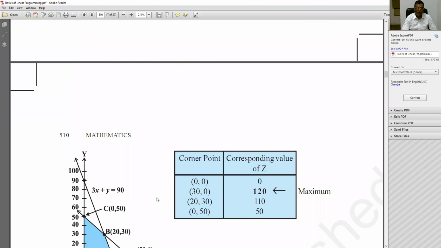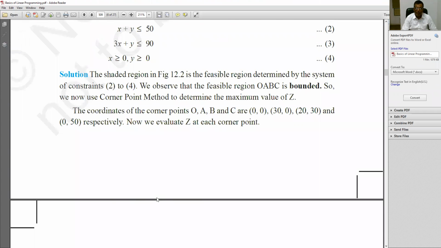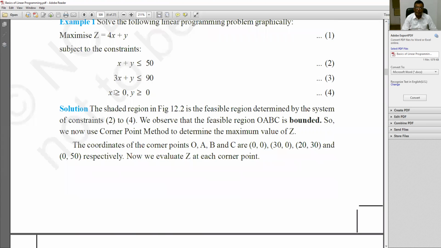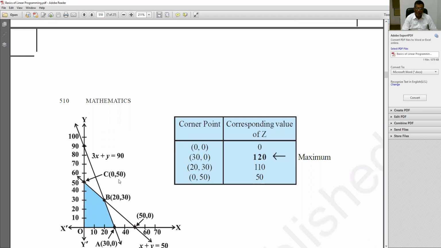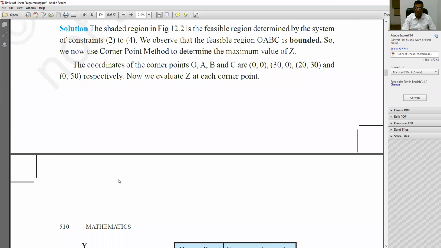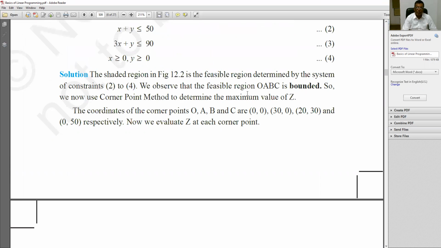So the line you have, this is x plus y is equal to 50. So your points are what? The coordinates are, you have taken x is equal to 0, then y is equal to 0.